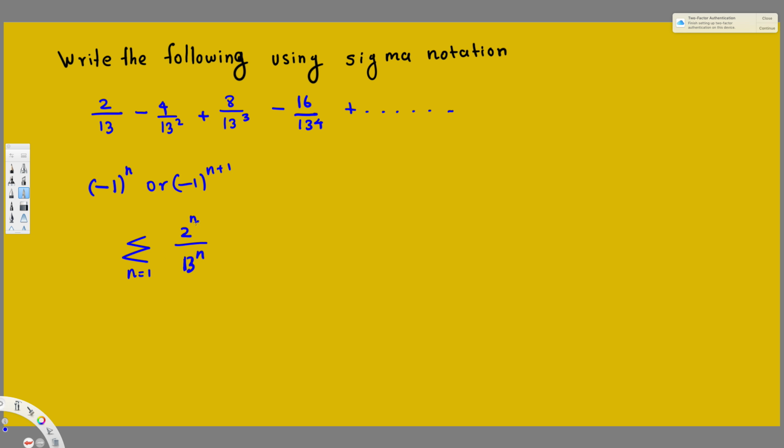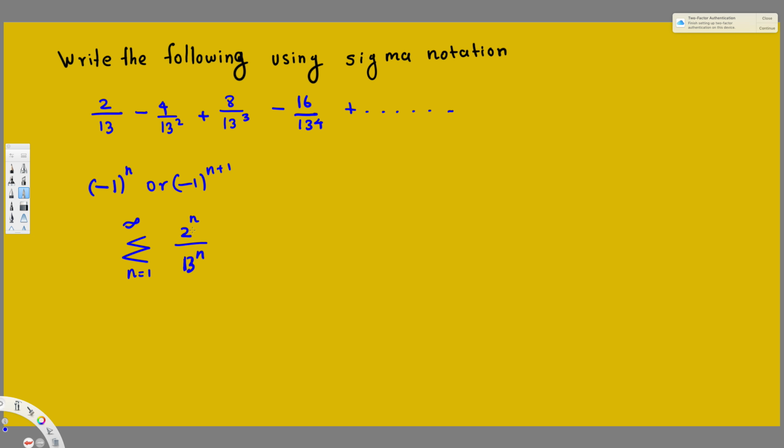If n is equal to 1, this is 2 over 13. If it's 2, 2 squared over 13 squared, so that's going to be 4 over 13 squared. So it's going on until infinity, right?